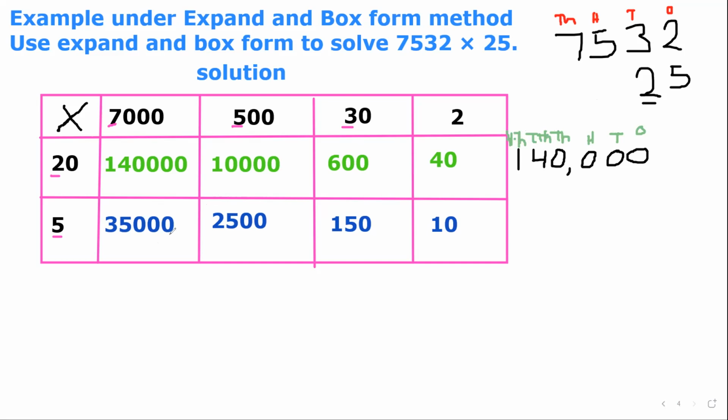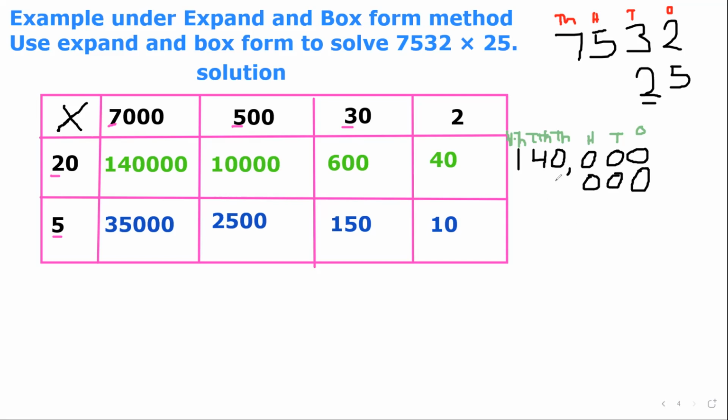You start recording from the back, and here is 35,000. So you start recording from the back, so you won't make a mistake. Okay, so here is the 0, 0, 0.